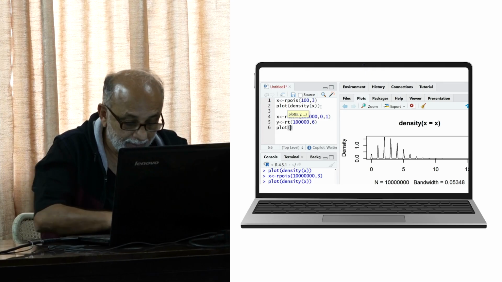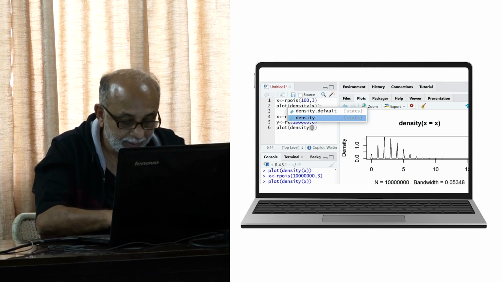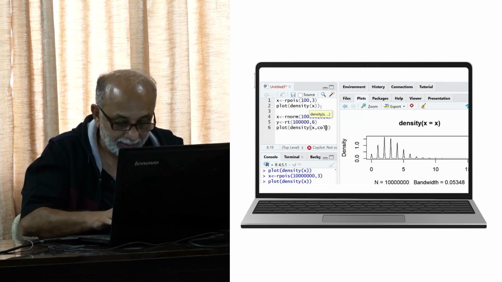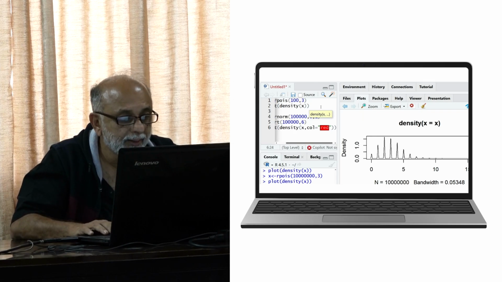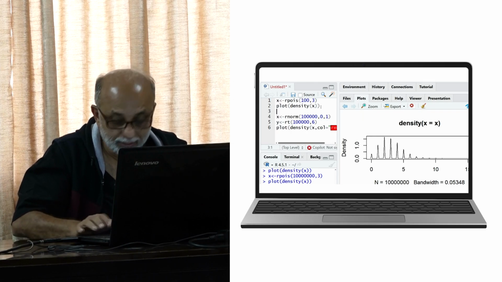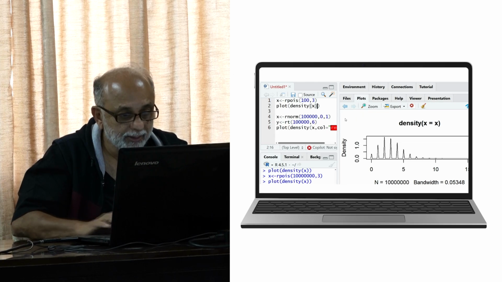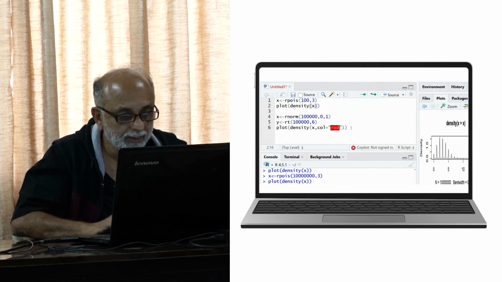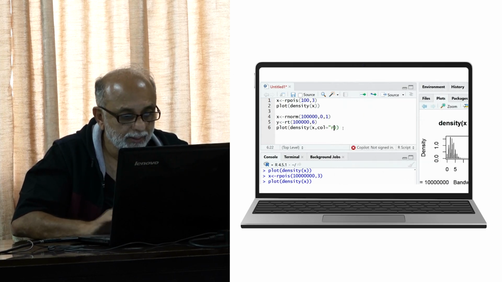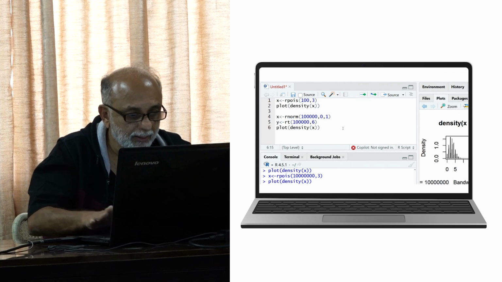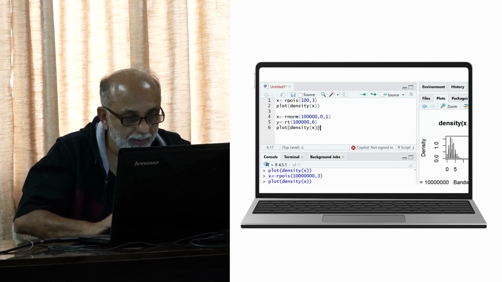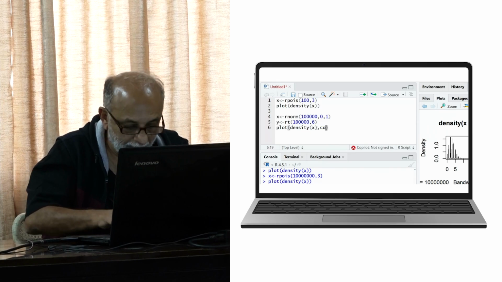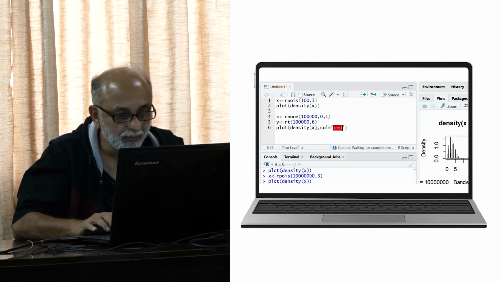Plot density X, color is equal to red. Sorry, the color has to be outside this. Plot density X, color is equal to red.